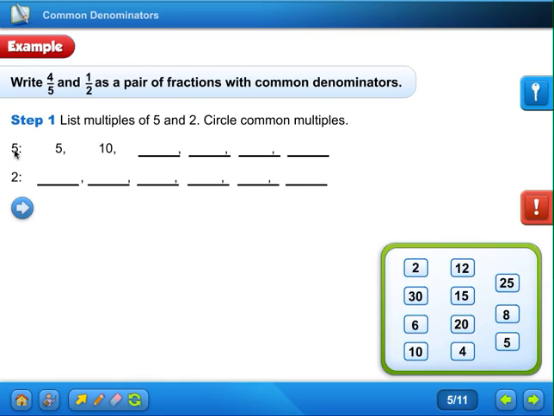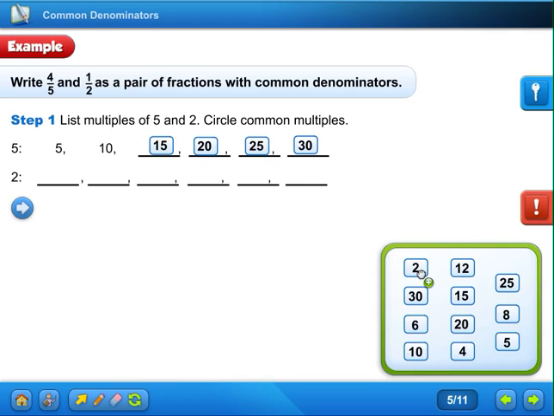So let's list them. For the multiples, remember, multiples get bigger. They multiply. They can go on forever. So you have 5, 10, 15, 20, 25, 30. Those were the multiples.